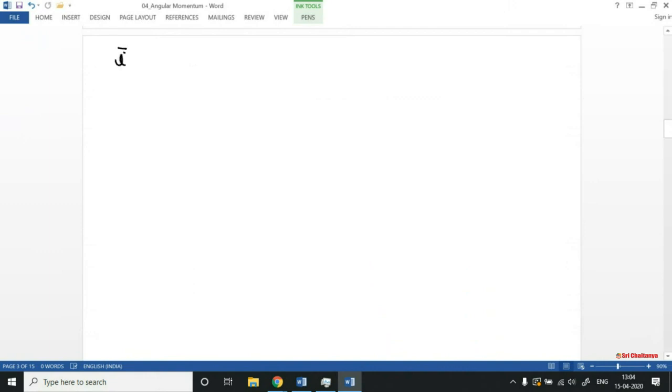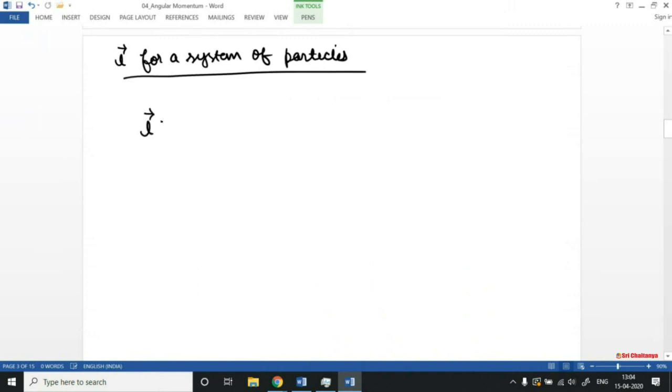Angular momentum for a system of particles would be simply the vector sum of the angular momentum of each particle. So that would be simply the summation of m_i r_i cross v_i over here.